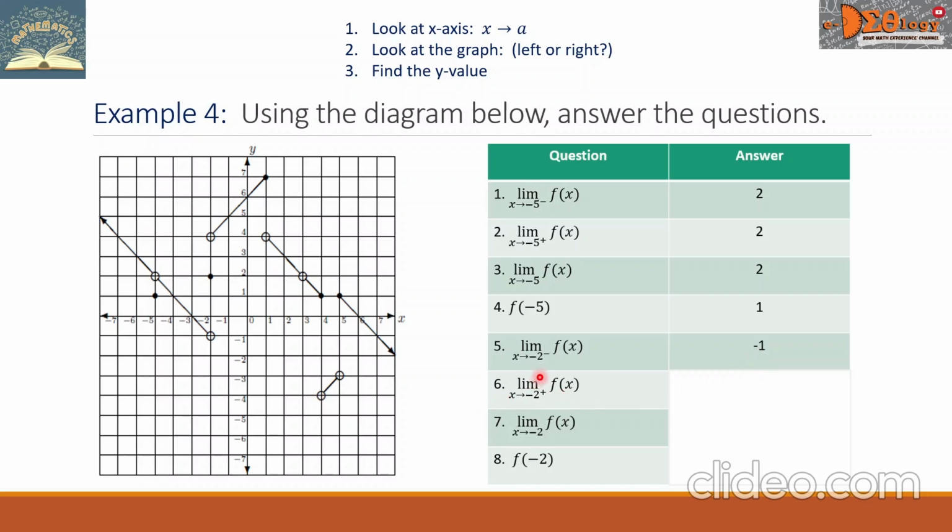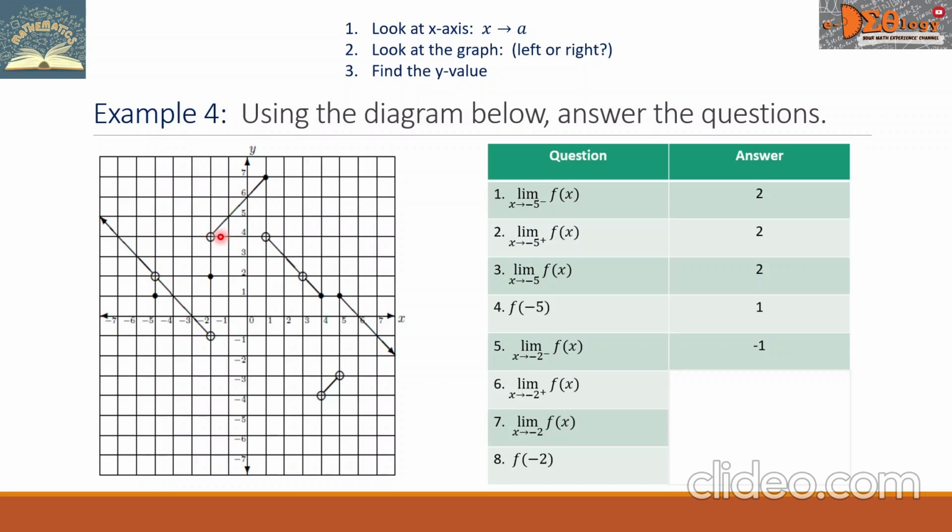Problem 6. Limit of the function as x approaches negative 2 from the right. So the negative 2 is here. The graph will be this graph. And when we have an imaginary vertical line that passes through negative 2, this is the corresponding graph when x comes closer to negative 2.